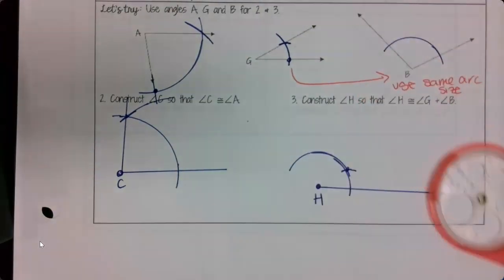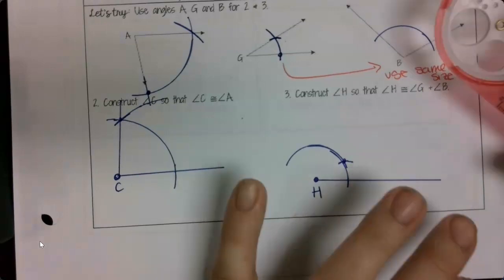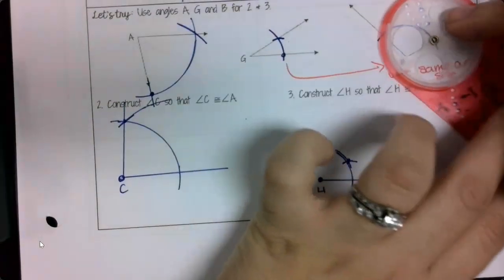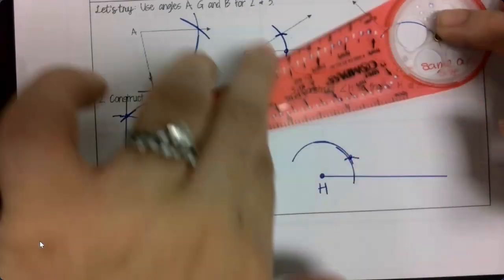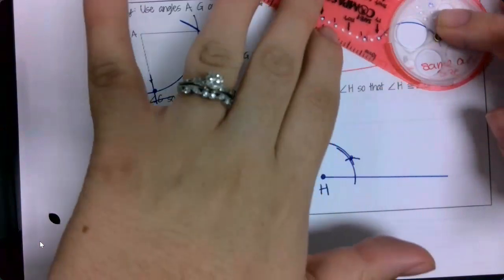And I want to go through both rays. And I'm going to line up my compass and find the point that goes through the other ray.